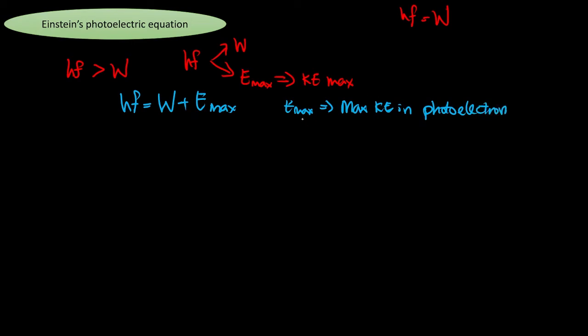W is the work function of the metal. Then f is the frequency of the photon.